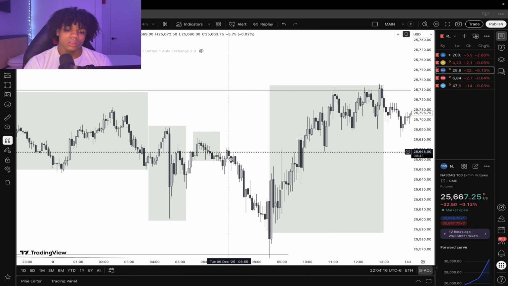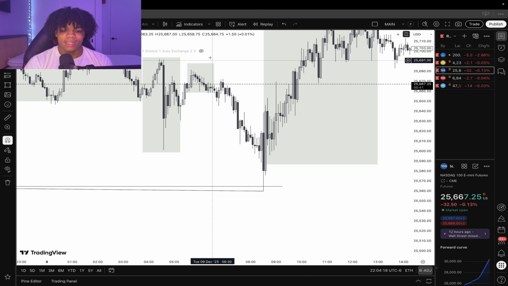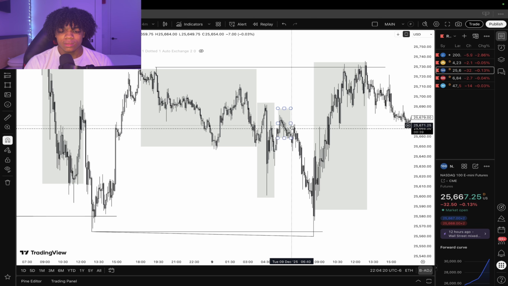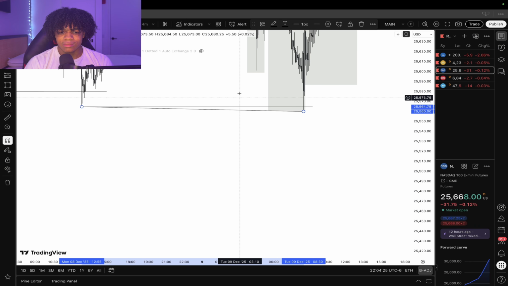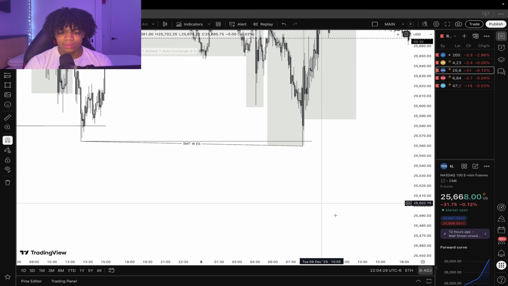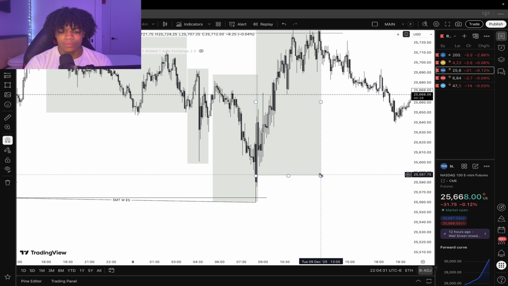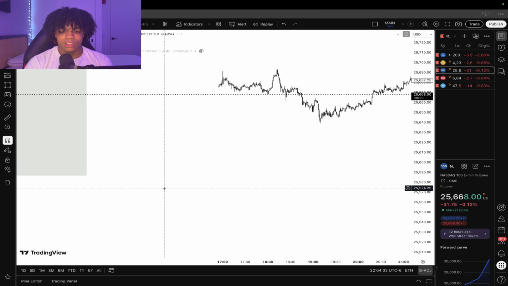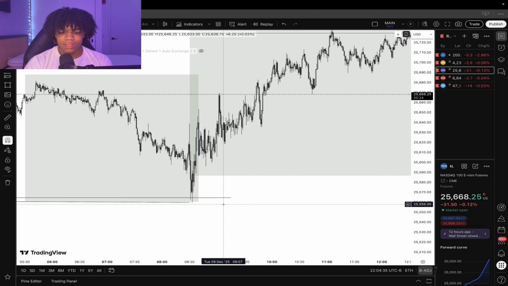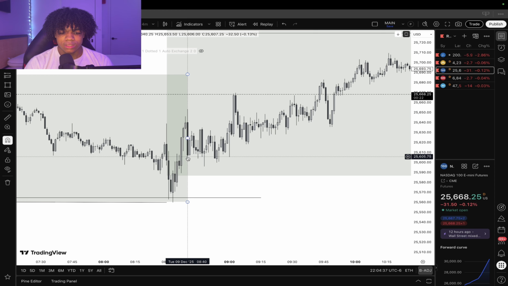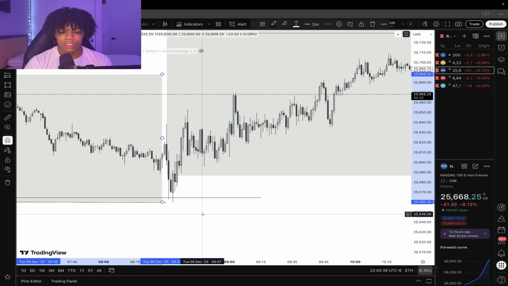But wrong. Look what happens. We ended up failing and taking out that low again, right? But look what happens as soon as we get that crack and correlation. So this SMT divergence at the lows, right? We get that, we take out the low, and then we have our move higher, and you can find some way to position yourself into the market during this manipulation or distribution period.